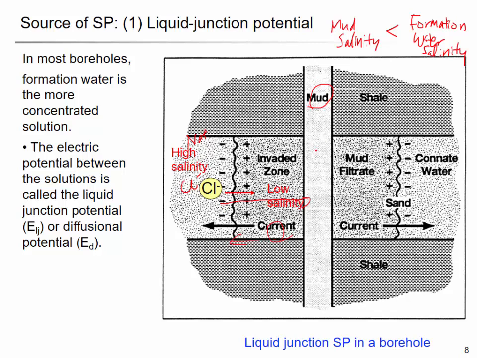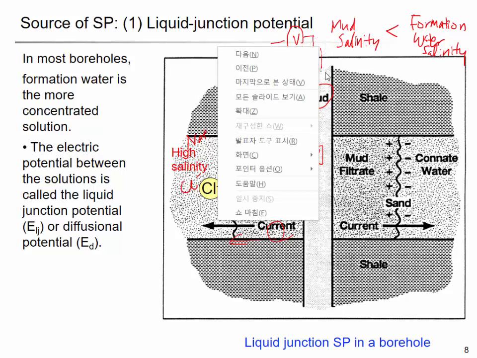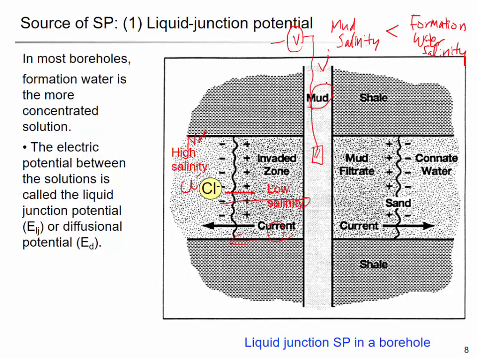So then you have an electrode and a voltmeter. So you have current flowing in this direction, right?